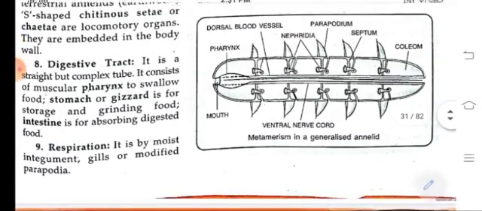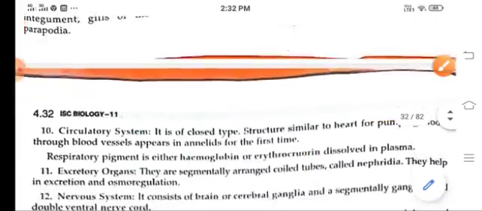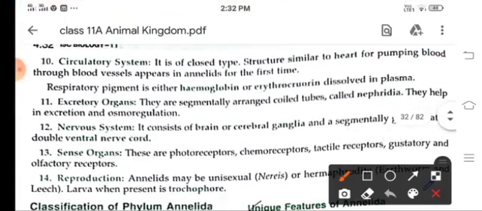Now they have a complete digestive tract but a complex tube. It consists of pharynx which swallows food, stomach which stores and grinds food, and intestine for absorption of digested food. Now they respire by moist integument, gills or modified parapodia. Circulatory system is closed type in these animals, and respiratory pigment, either hemoglobin or erythrocruorin, is present, dissolved in plasma.